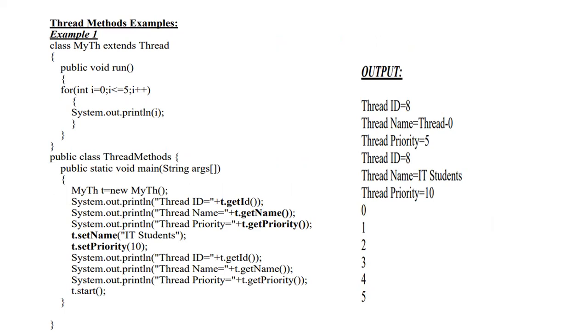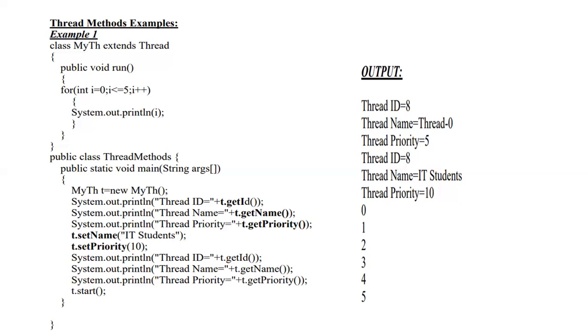Then public class ThreadMethod, public static void main(String args). MyTh is the class name, t is the object name equal to new MyTh. With System.out.println we are printing the thread id with the help of t.getId(). Then System.out.println thread name, t.getName() gets the name of the thread, and System.out.println thread priority, t.getPriority() gets the priority of the thread.